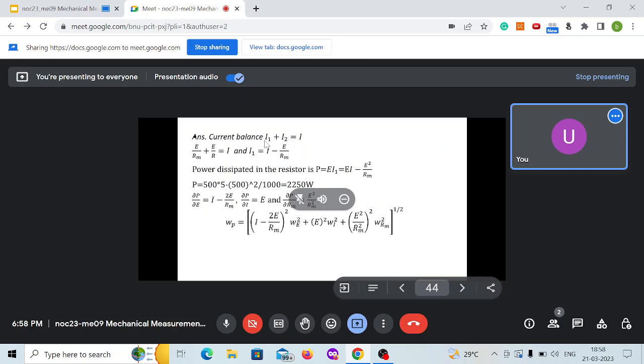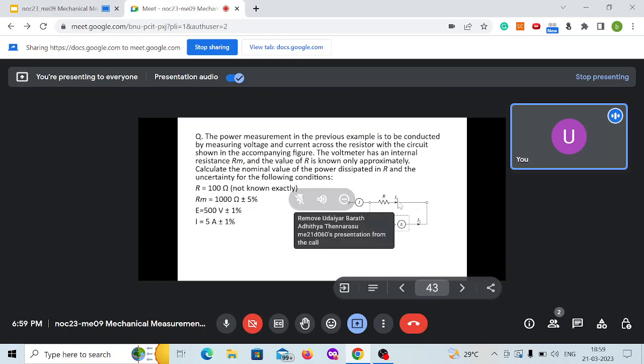From current balance we have I1 plus I2 equals I. We know the voltage across both is E, because the same voltage is applied.